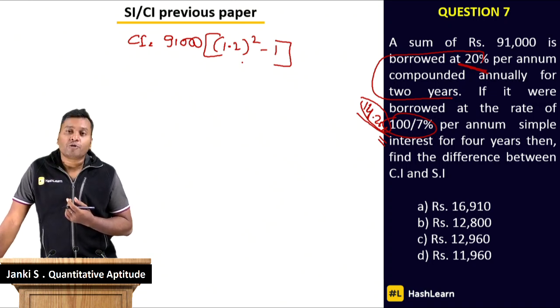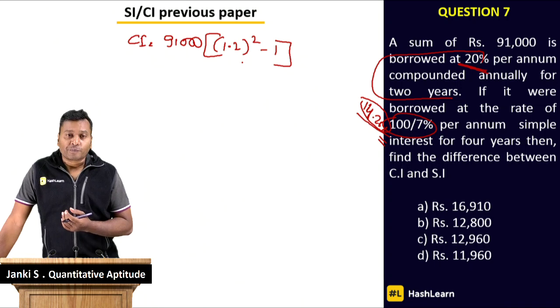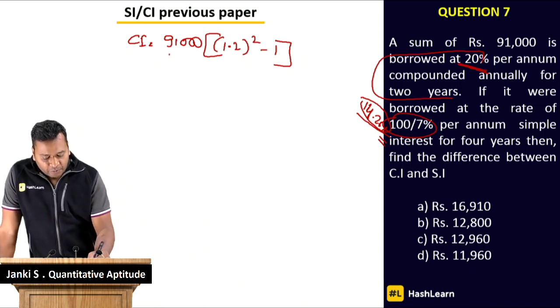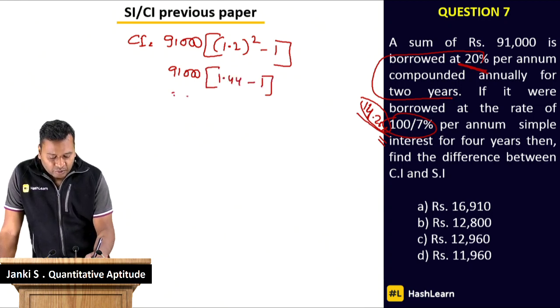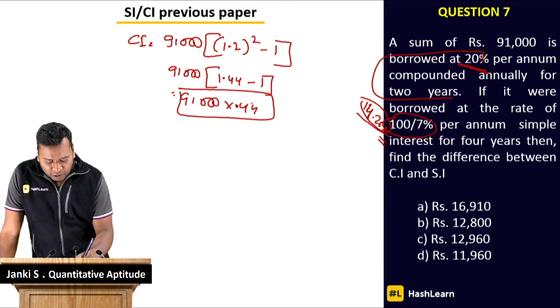It's something about 1.44. 12 square is something about 144, right? So it can be written as 91,000 into the value of 1.44 minus 1, which is 91,000 into 0.44. I'll just mark this part so that I can utilize it further, right?